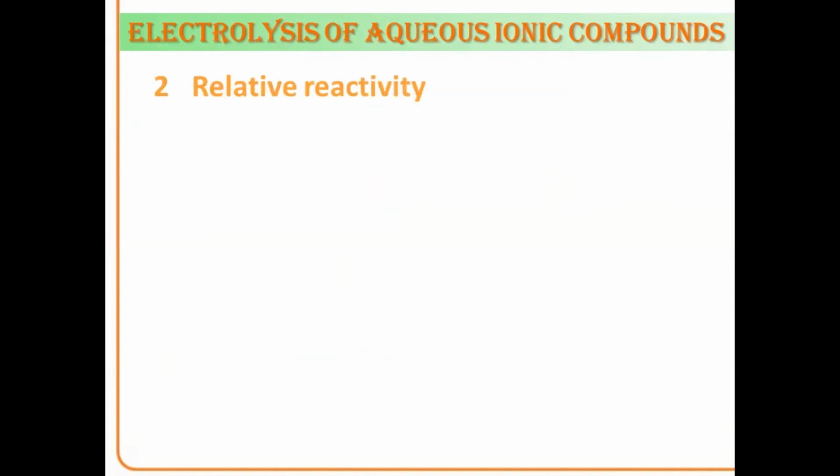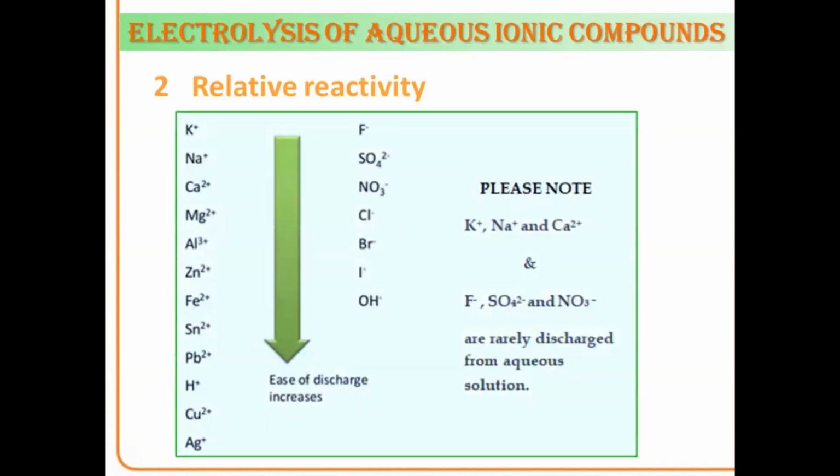Now, when we come to relative reactivity, we use the reactivity series of metals to decide which ion is discharged. If you remember your reactivity series of metals, and we look at the examples as given here, potassium is the most reactive metal. This means that potassium has the least reactive ion.